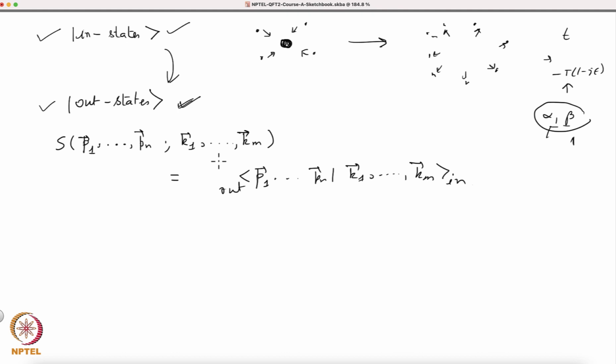Remember we are given fields phi from our action, and if I could write these S matrix elements using those fields, then it will be very nice. We will see that eventually this entire S matrix is going to be turned into a calculation of correlation functions or Green's functions, which we did in the previous course. That is what we are going to show now, and this is what is called LSZ reduction.